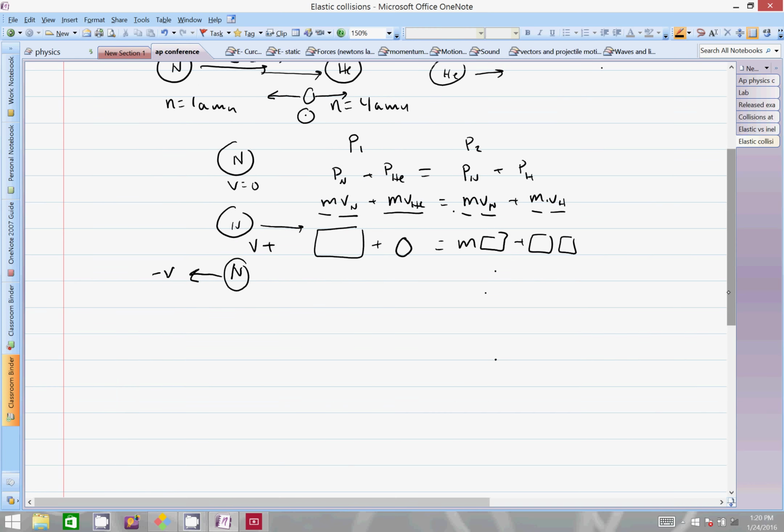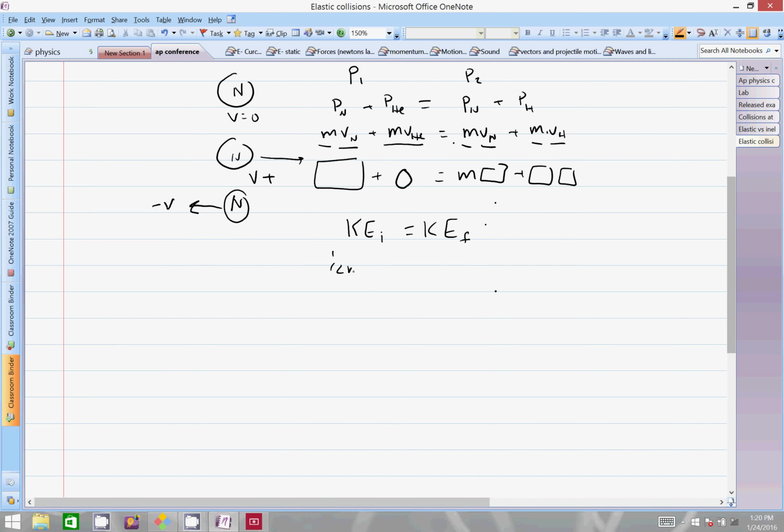What we'll use is conservation of energy, where the kinetic energy initial, because it's an elastic collision, will equal the kinetic energy final. This is 1/2 mv squared of the helium plus 1/2 mv squared of the neutron, equals 1/2 mv squared of the helium plus 1/2 mv squared of the neutron.